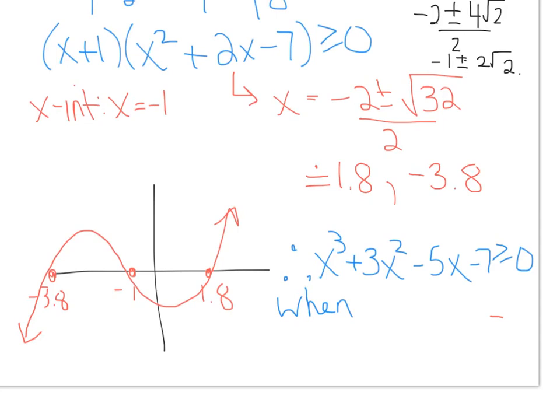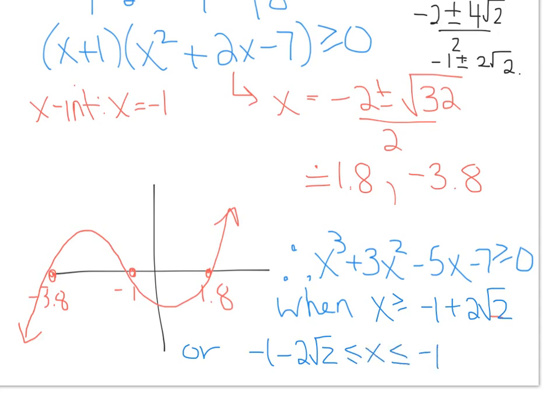The places where this function is greater than or equal to 0 are over here, and this time we include the zeros: when x is greater than or equal to negative 1 plus 2 root 2, or from negative 1 minus 2 root 2 less than or equal to x less than or equal to negative 1.